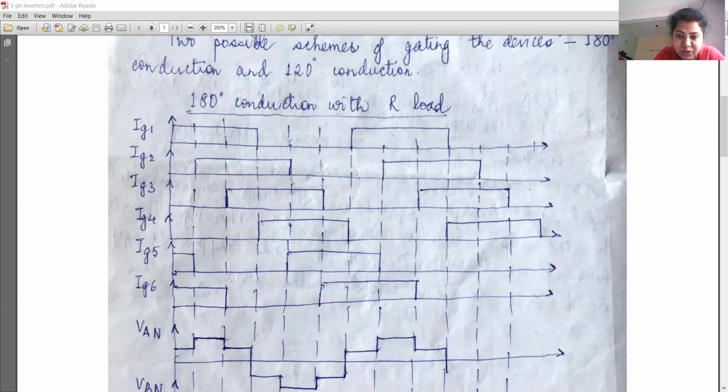So we can see in the first interval, 0 to 60 degrees, the devices which are operating are 1, 5, 6. So 1, 5 and 6, what do they signify?